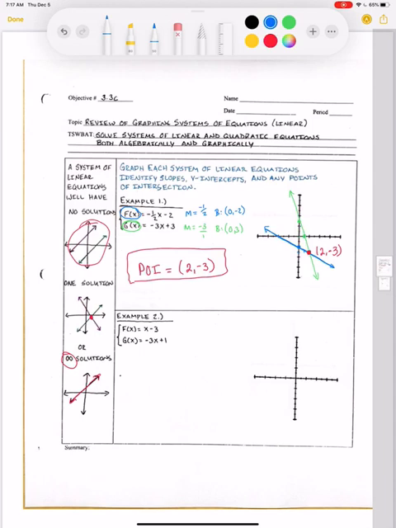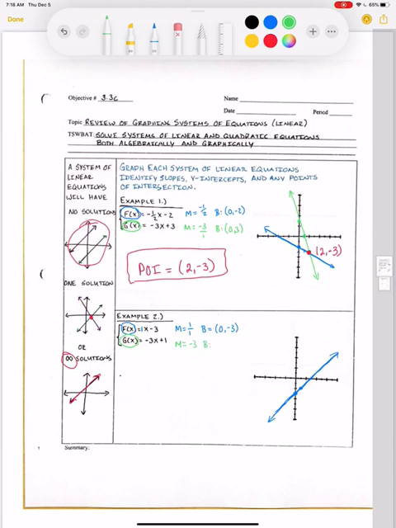Okay, example 2, f of x equals x minus 3. This is going to be in blue. There is a 1 out in front of that x, so that's going to be my slope, 1 over 1. My y-intercept is going to be 0, negative 3. So I'm going to start there, and I'm going to use my slope to go up 1 over 1. And then g of x, my slope is negative 3.